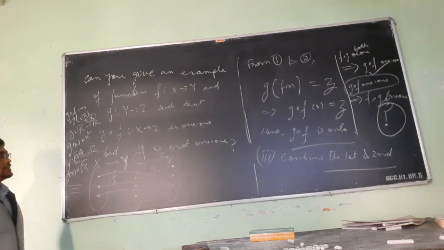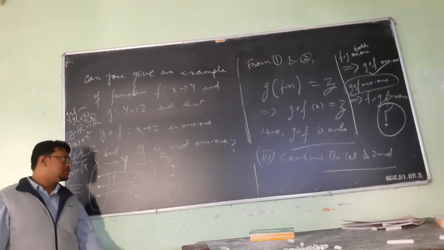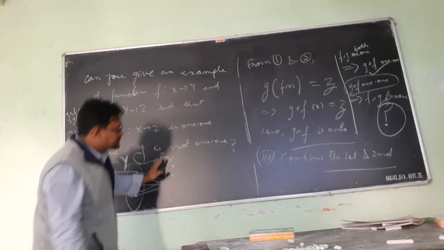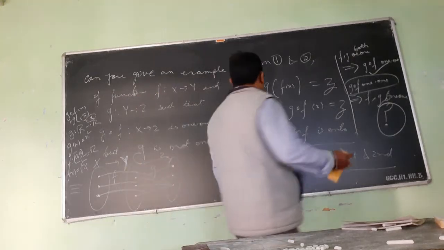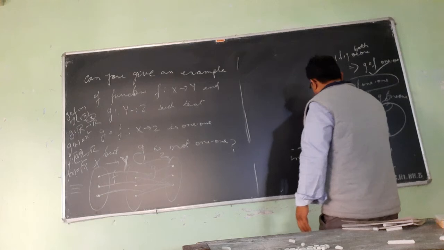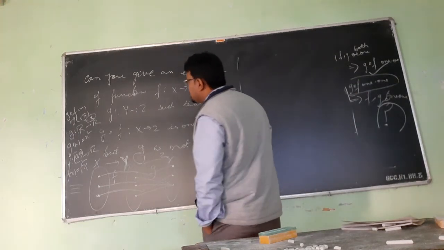So there is a chance that g may not be 1-1. That is the intuition. This is one example. You can create examples with finite sets also. This example is quite good.